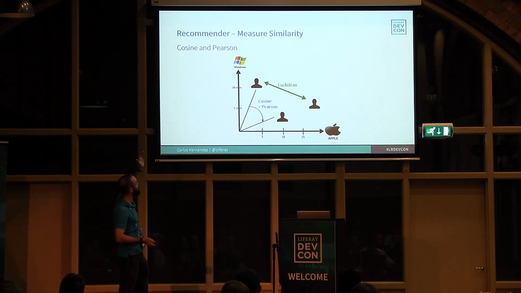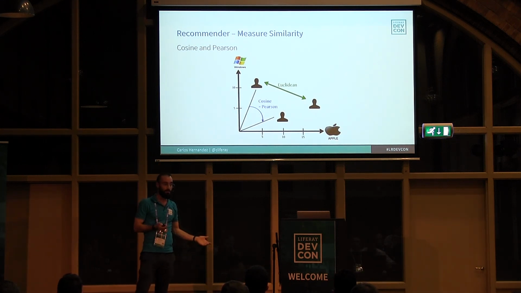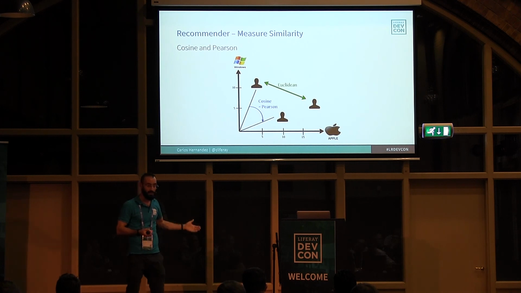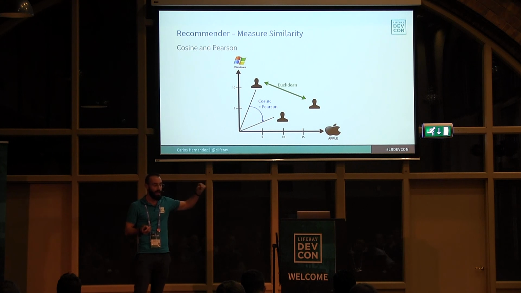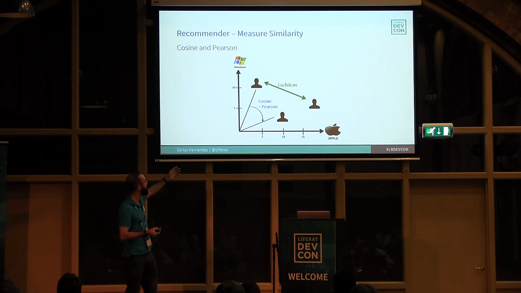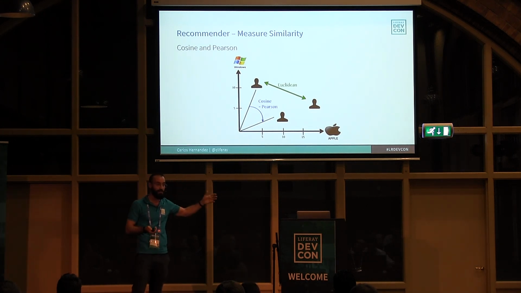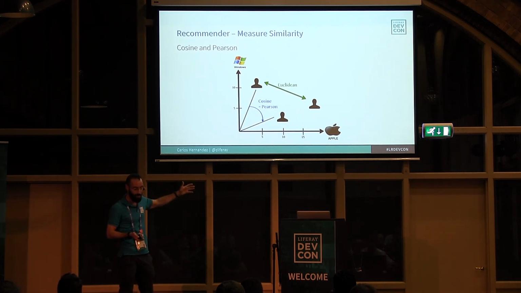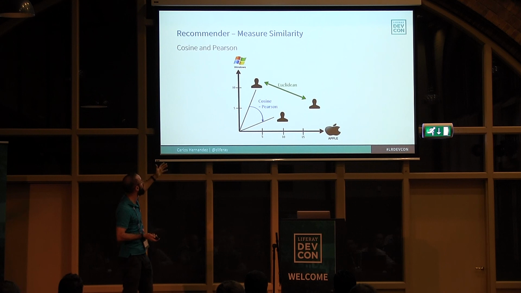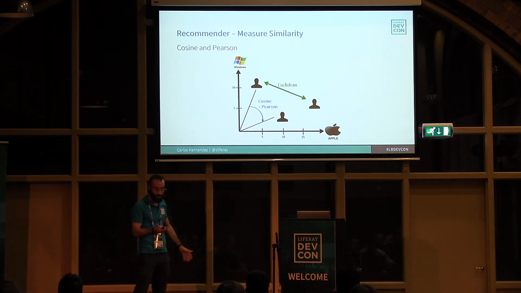There are, for example, the Cosine and the Pearson similarity scores that are good for problems where you have to star products. If you like a product very much, you give 5 stars, and if you don't like it at all, you give 1 star. I'm not going to get deeper into that. Just if you're interested, just Google these similarity functions.